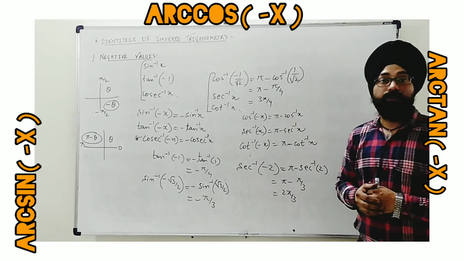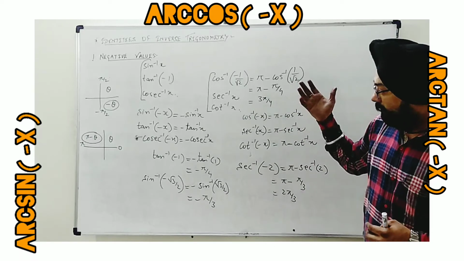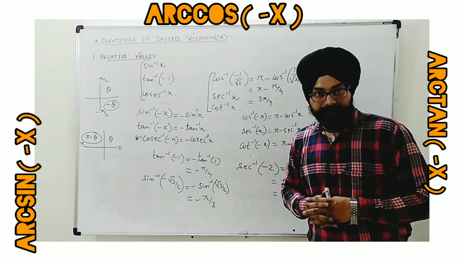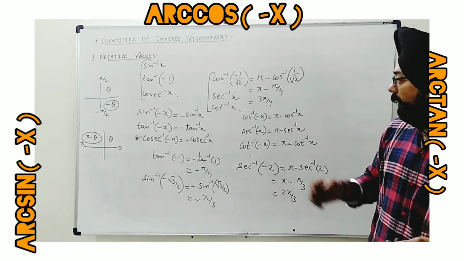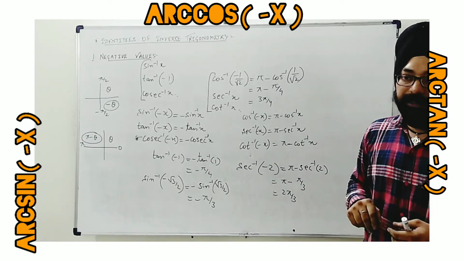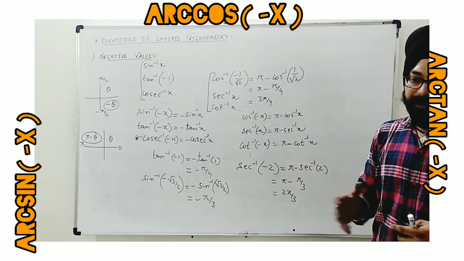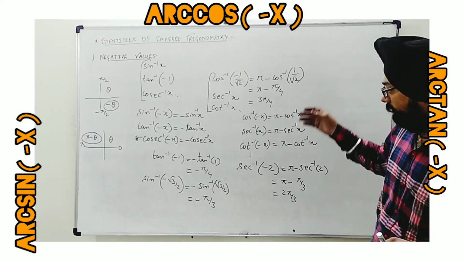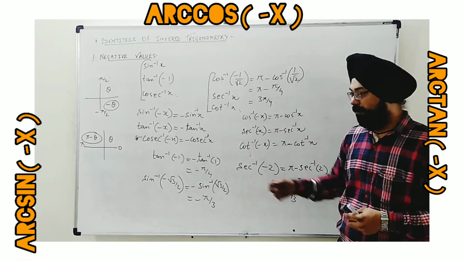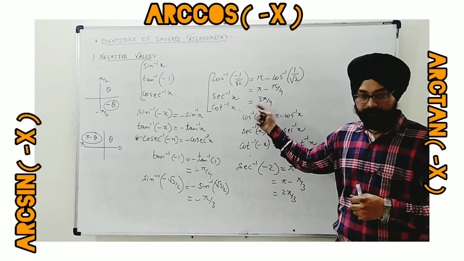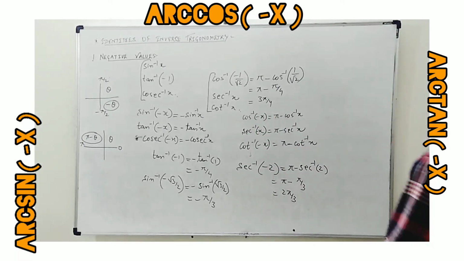I hope you have understood the application and the identities. Now suppose I ask how to derive them. From the examination point of view, students should be capable of deriving these identities, so next I am going to explain how to derive these two groups. Okay, let's see.